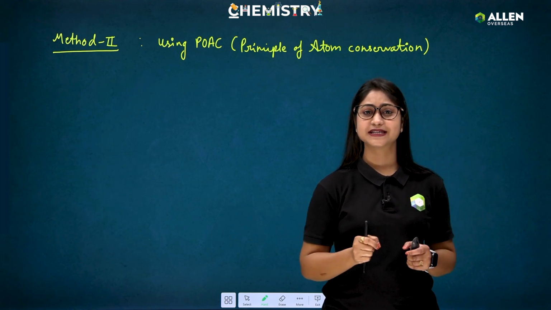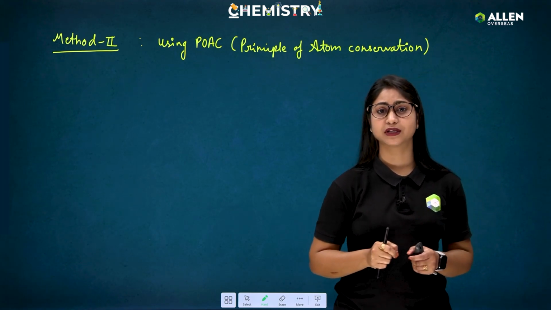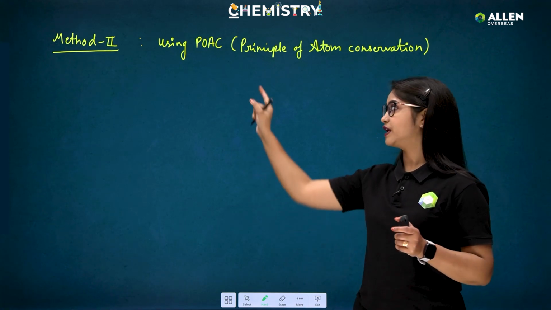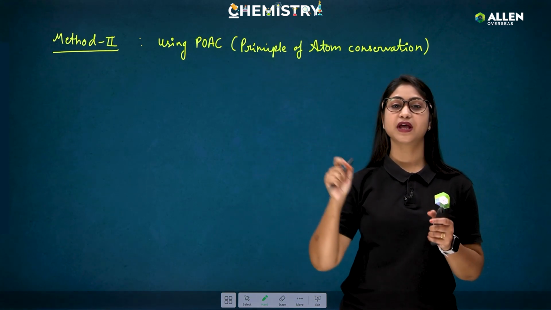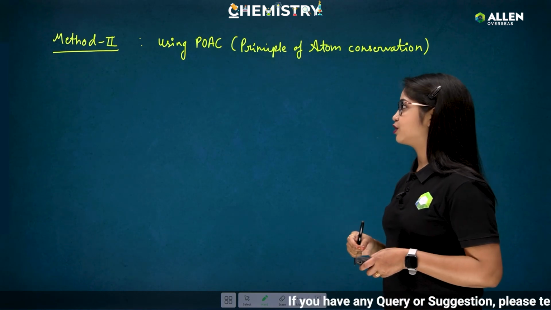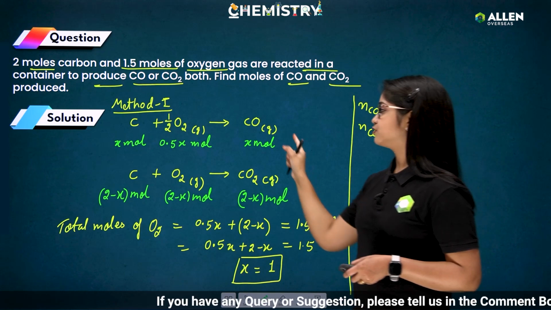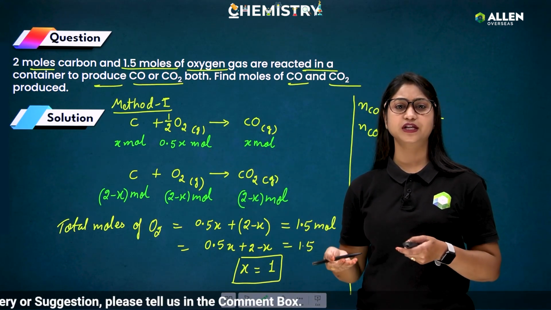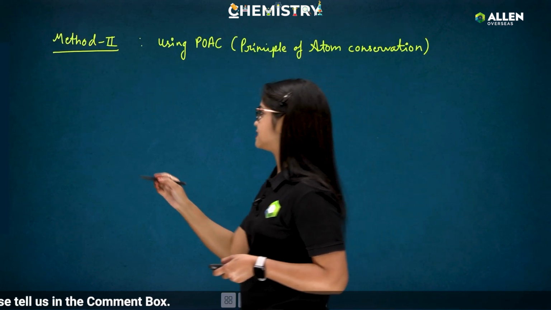And a very interesting and important point about this is that you don't have to balance the chemical reaction. When you are using the POAC concept, you don't have to balance the chemical reaction, right? So now we write this whole equation together, and we need not balance it.